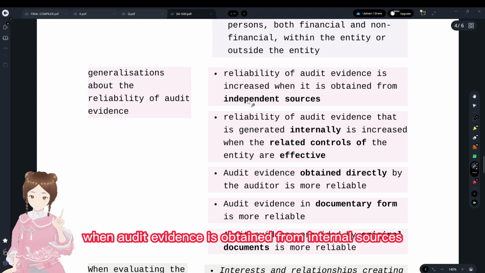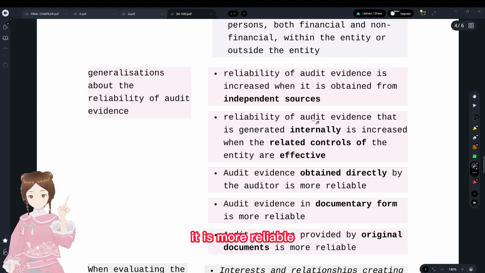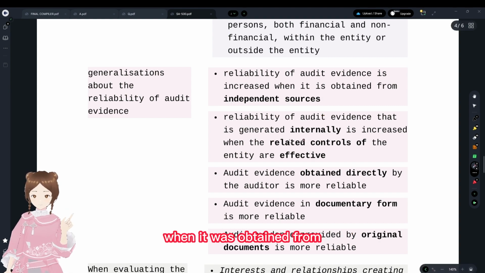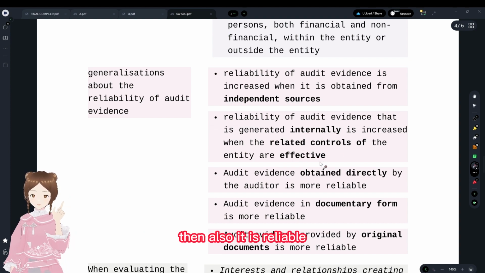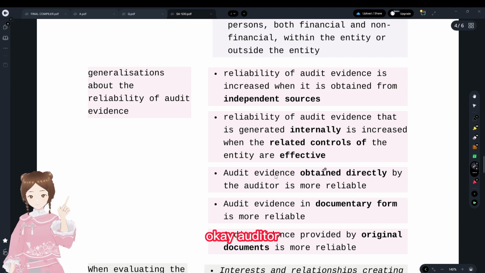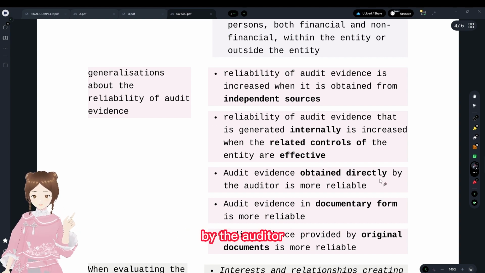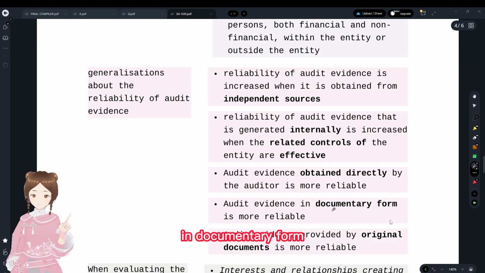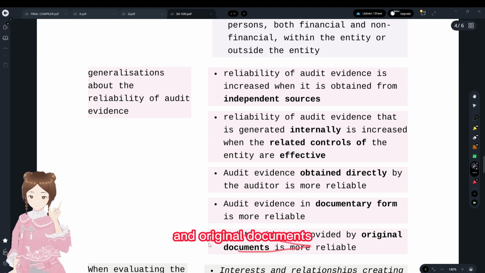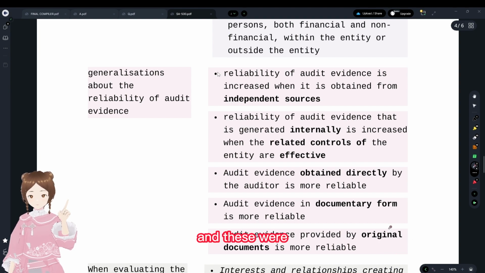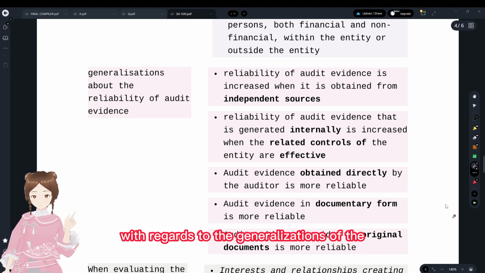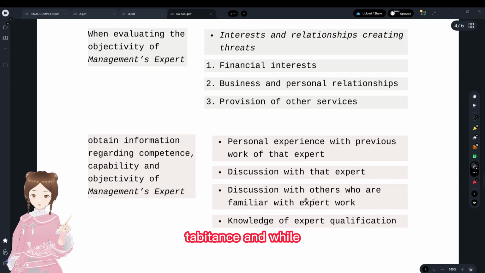When audit evidence is obtained from internal sources, it has lower weightage, but if the controls are effective, then it is reliable. Audit evidence obtained directly by the auditor is reliable. Evidence in documentary form is reliable, and original documents are more reliable. Okay, and these were the generalizations of the reliability of the audit evidence.